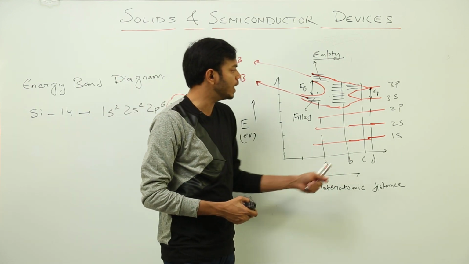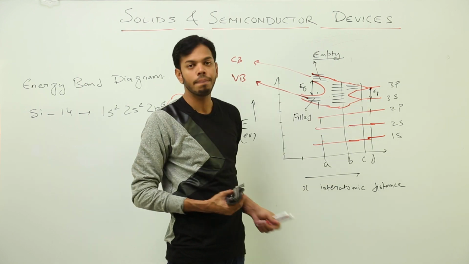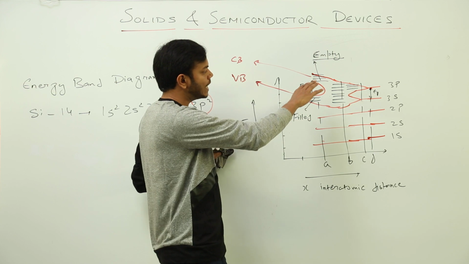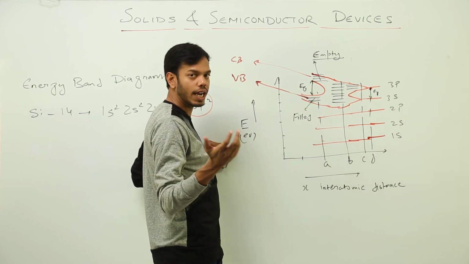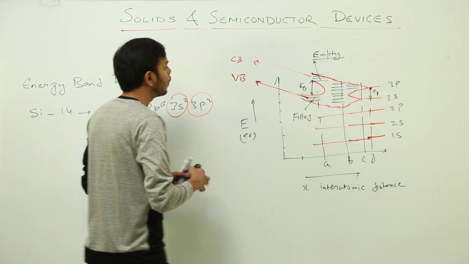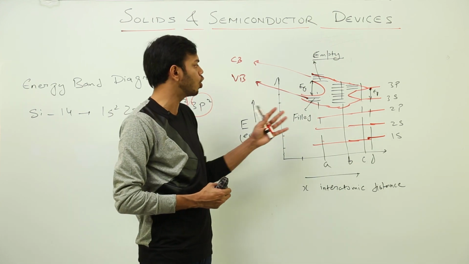At point B, the gap between 3p and 3s, the energy gap, completely diminishes, and we can say that instead of 4n filled and 4n empty levels, there are 8n different sets of energy levels, out of which 4n are filled, 4n are empty, but we cannot differentiate between which electron belongs to what.